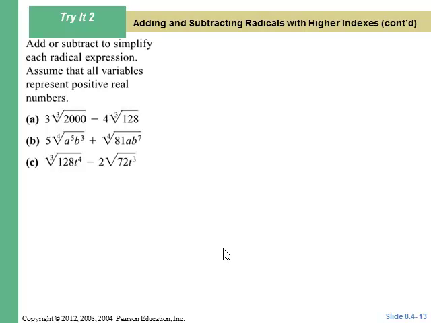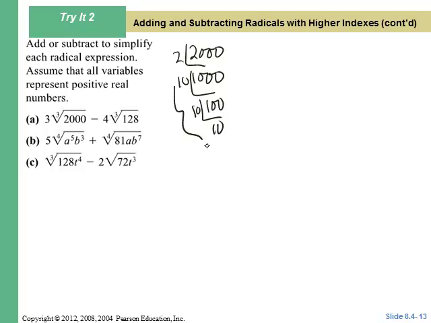All right, so if you look at this first one, 2,000 divided by 2 is 1,000, divided by 10 is 100, divided by 10 is 10. So you got a group of 3 tens on the outside, but there's already a 3 there. So that's 30 cube root 2.